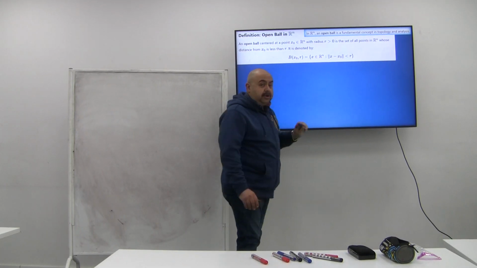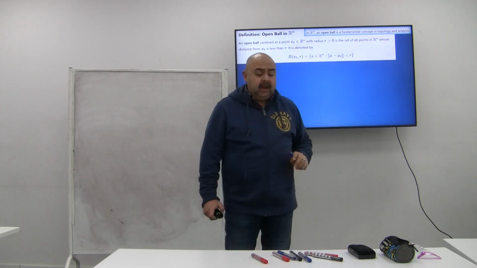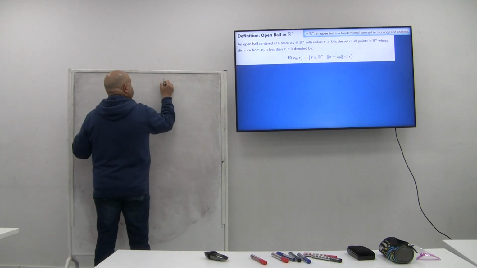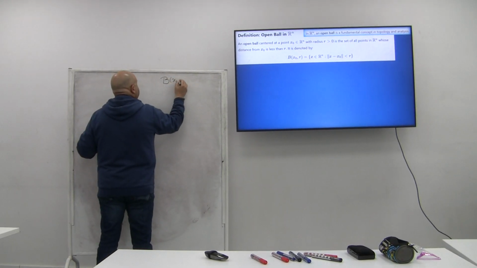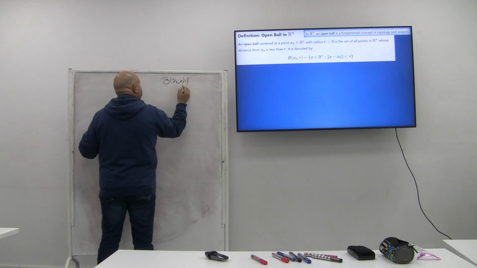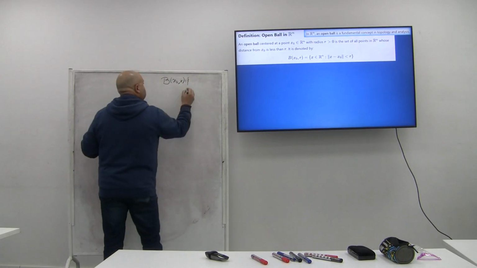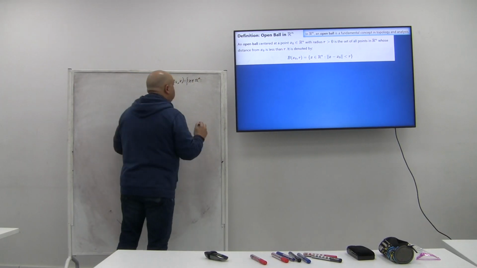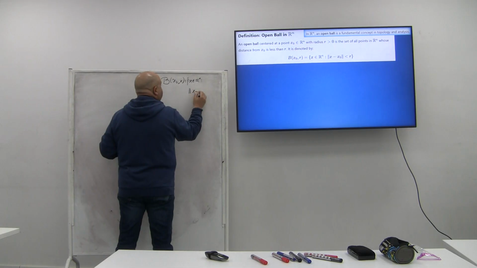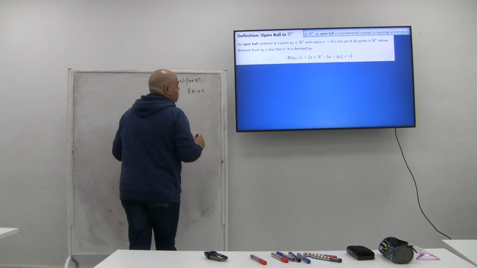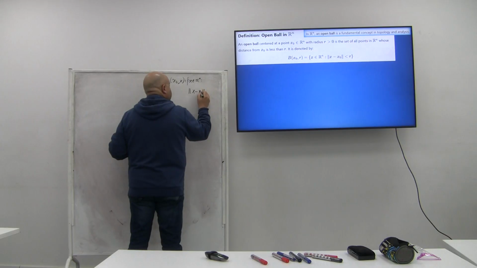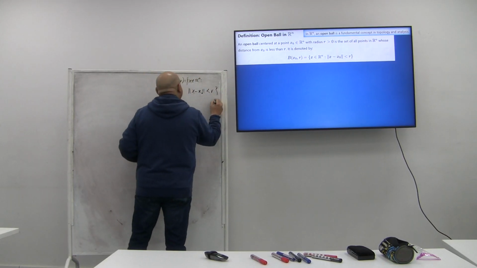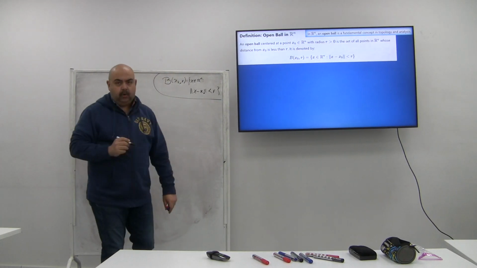So if you need to read the notation or how it's written, it's really very simple. All you have to do is to take this writing like that. This is B of x node and r, and it is the set of x which belongs to Rn such that the condition is the magnitude of x minus x node must be less than r, as you can see, and this is the set of the points of an open ball.